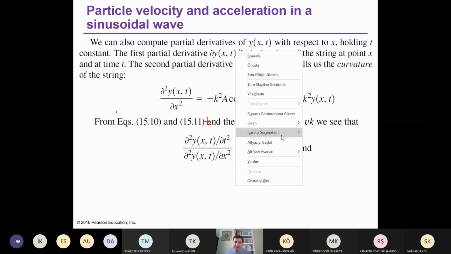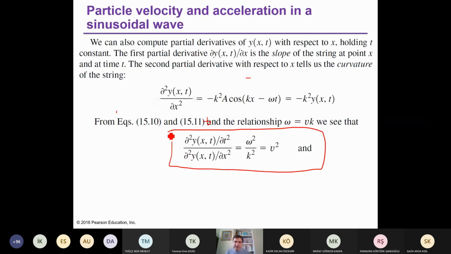This is the second partial derivative of y with respect to time, and this is the second partial derivative of y with respect to x, and it is equal to omega squared over k squared. Here we have minus k squared, and here we have minus omega squared. Then within this equation we will have omega squared over k squared, okay?